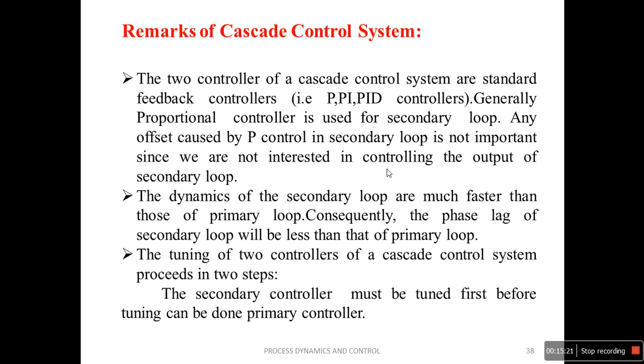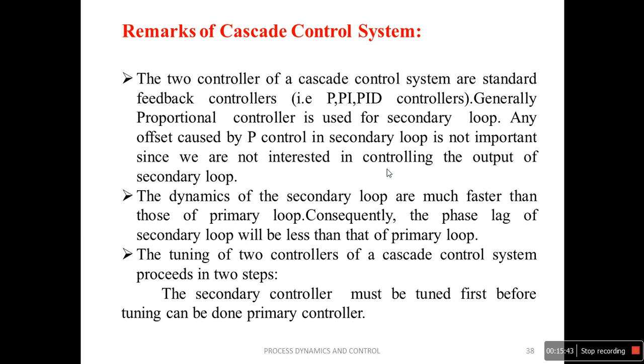So before the effect of the coolant temperature has been felt by the reactor, we have to provide the required changes. If the phase delay or lag is more, before providing the control, the effect of the changes in the coolant temperature may reach the reactor temperature.